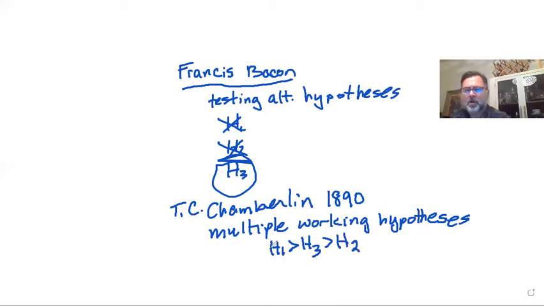Okay, where the first hypothesis works better than the third hypothesis works better than the second hypothesis. But all of these could be potentially correct. It's just that one hypothesis works better than the others. Okay?